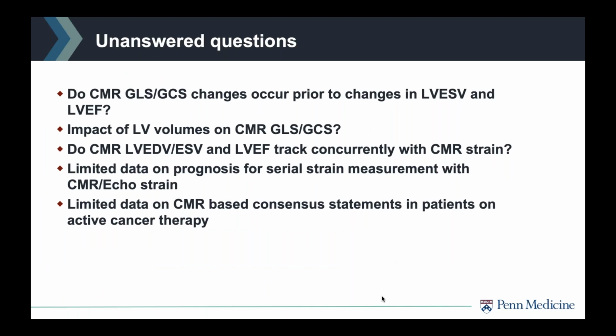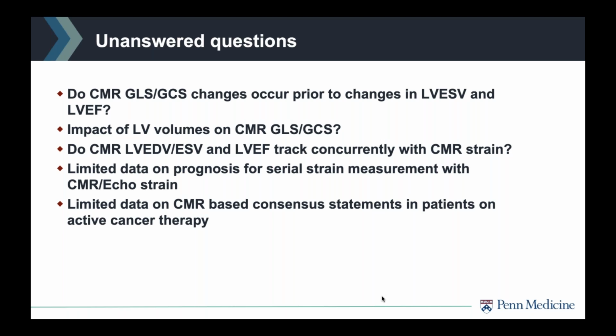So based on the background we have right now, what are some of the unanswered questions? Do CMR GLS and GCS changes occur prior to changes in LV end-systolic volume, LV end-diastolic volume, and LVEF? What is the impact of LV volumes on CMR strain analyses, especially in patients undergoing cancer therapy, because these patients are prone to dehydration, a change in the LV end-diastolic volume, or incidents of heart failure, which can also impact their volumes?